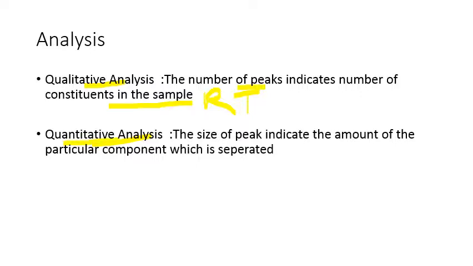For quantitative analysis, with the size and height of the peak, the broader the size according to the height, the higher the amount, so we can easily find out their concentration. Both types of analysis can be performed in the chromatogram.